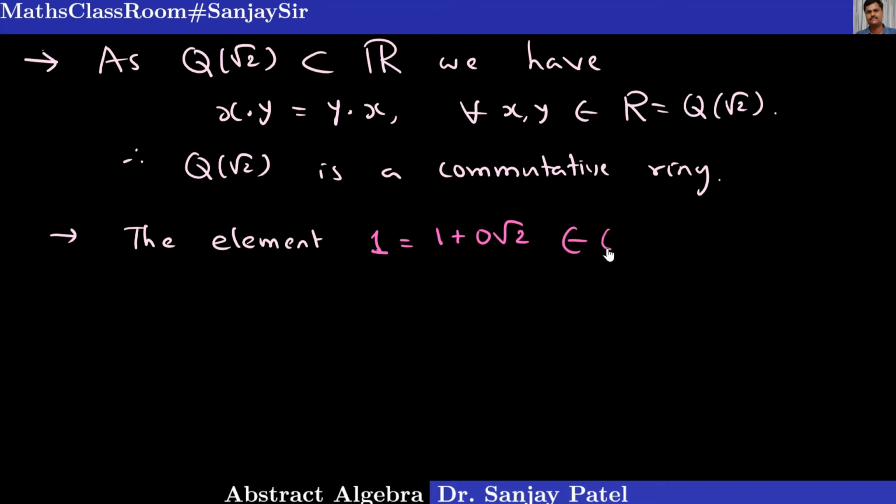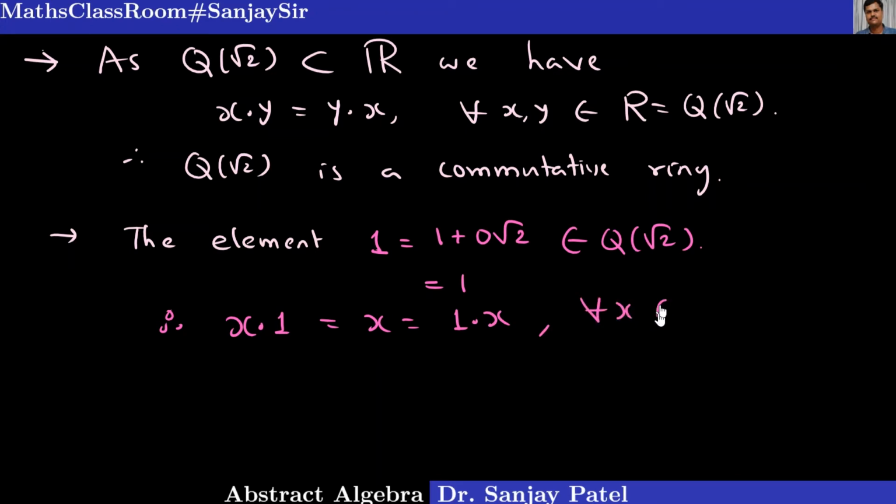So this element belongs to Q root 2 and it is nothing but simply the real number 1. So therefore I can say that x into 1 is equal to x is equal to 1 into x is true for every x belongs to Q root 2. So the ring Q root 2 has the unity element.